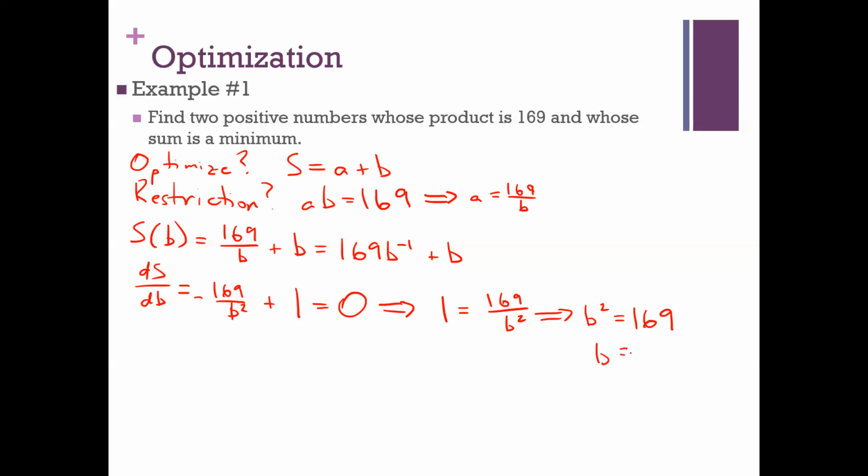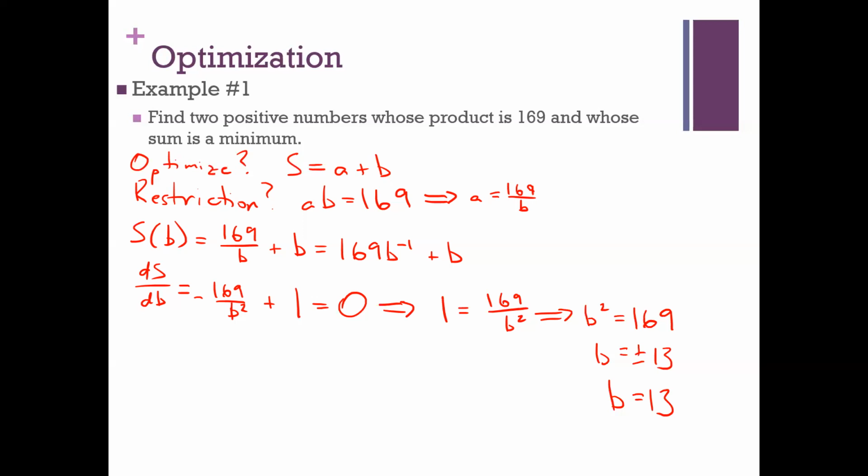So then I get B equals plus or minus 13. It has to be positive. This is another thing that we need to be careful about with these problems. You might get answers that don't make sense to you, that we don't care about. I said that B had to be positive, so B equaling 13 is the only thing I've gotten so far that makes sense to me.